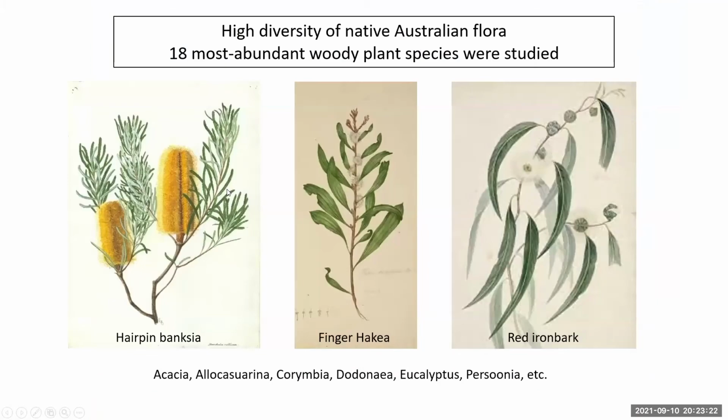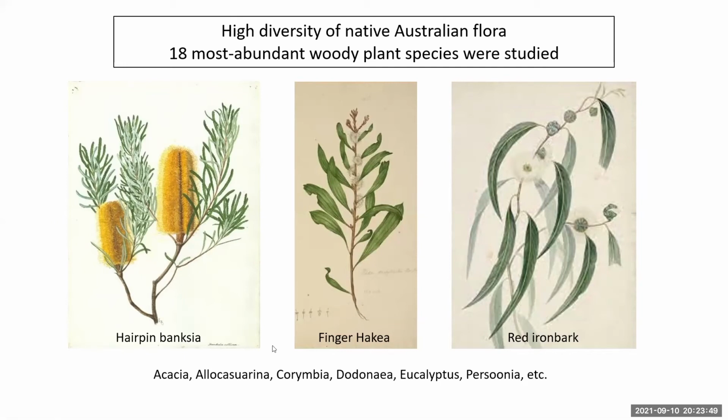In total, I sampled around 18 of the most abundant woody plant species. Some of them were hairpin banksia or Banksia spinulosa, finger hakea or Hakea dactyloides, red ironbark, which is Eucalyptus fibrosa. I also had some other eucalypts, Eucalyptus longifolia and Eucalyptus racemosa, which is a scribbly gum.